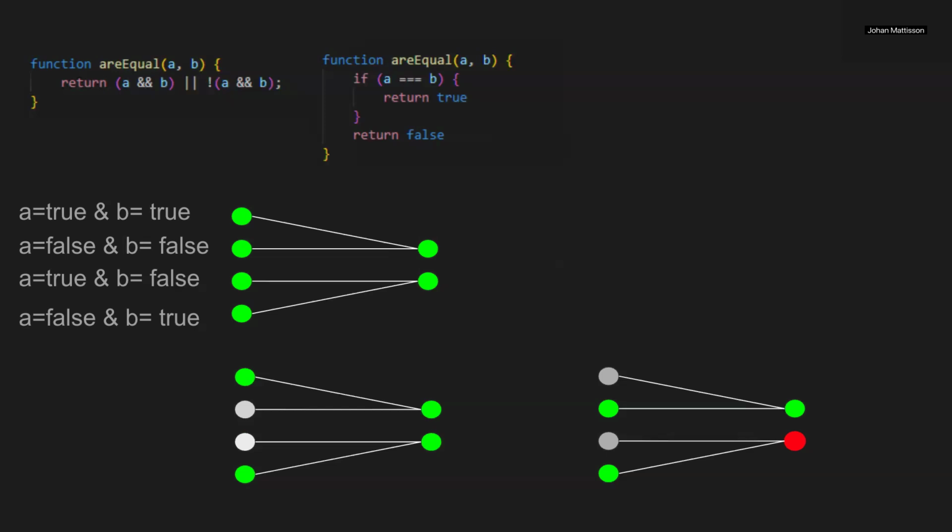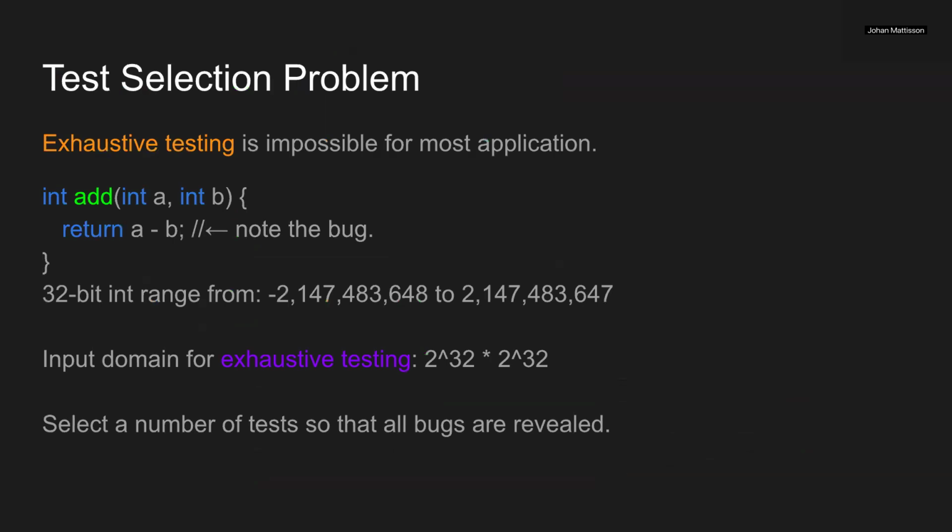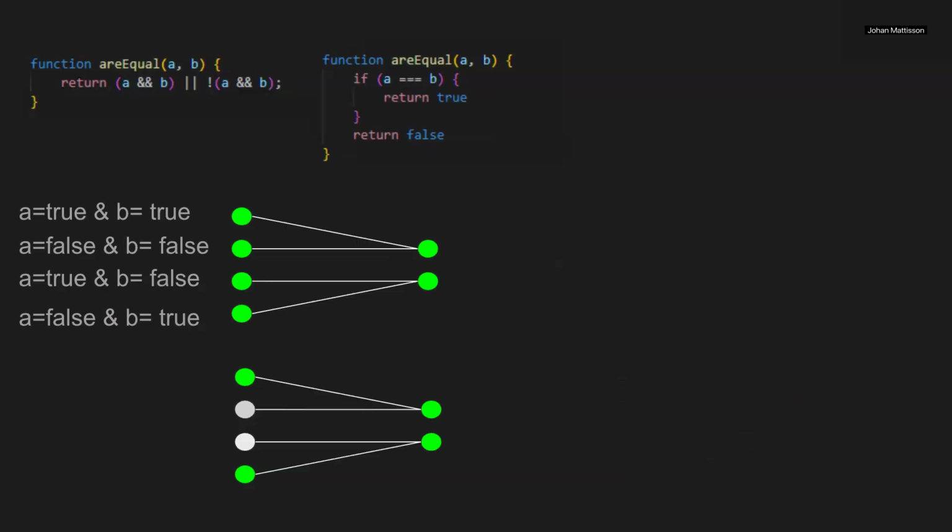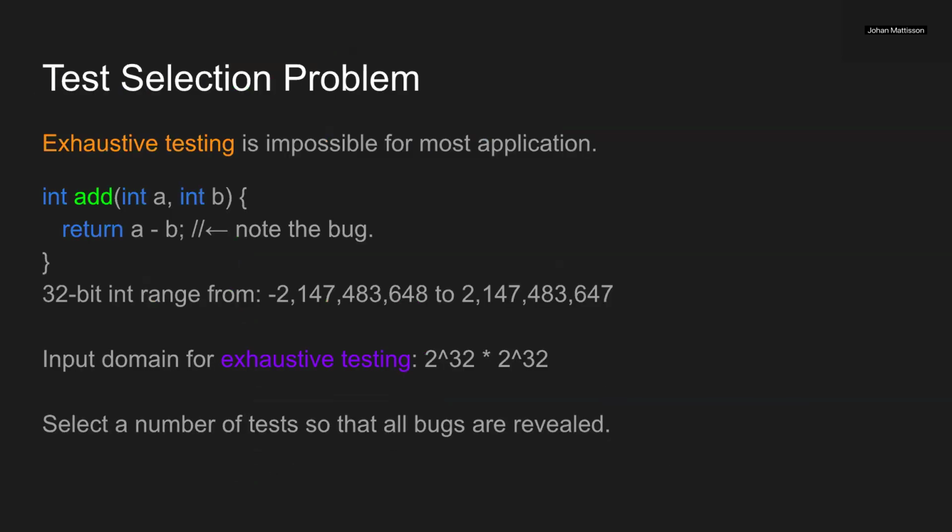So you can do this by randomizing the input. That's one way, but it gets tricky because you have to check it. So instead of randomizing which test cases to run, we want to go back to the test selection problem.